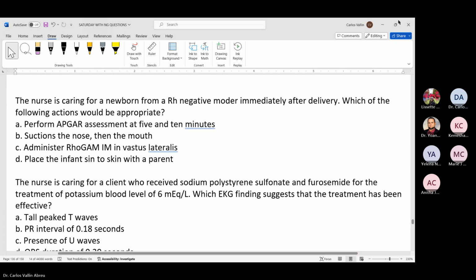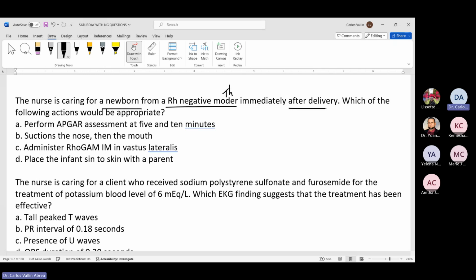Okay. The nurse is caring for a newborn with an Rh negative mother immediately after delivery. Which of the following actions would be appropriate? The mother is Rh negative and the newborn is cared for by you immediately after delivery.